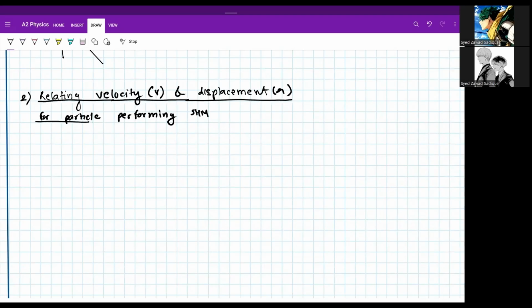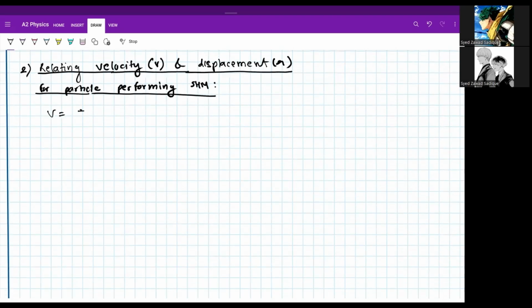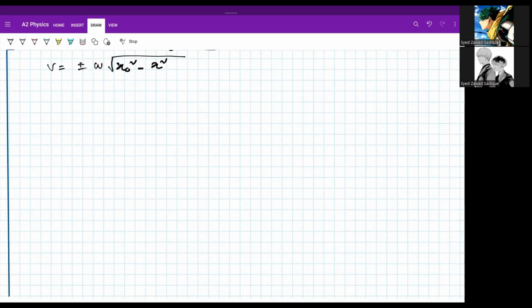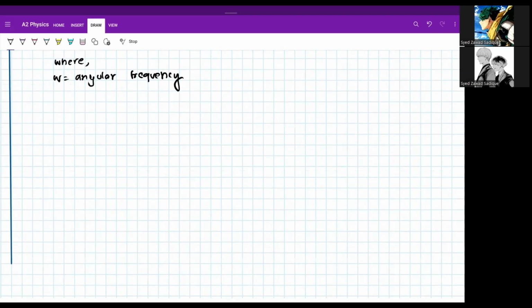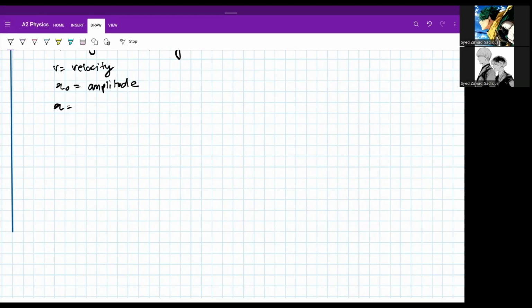The formula for this is v is equals to plus minus omega square root of x naught squared minus x squared. Where x naught is your amplitude and x is the displacement at any instant, omega is equals to angular frequency, v is equals to velocity, x naught is equals to amplitude, and x is equals to displacement at any instant.